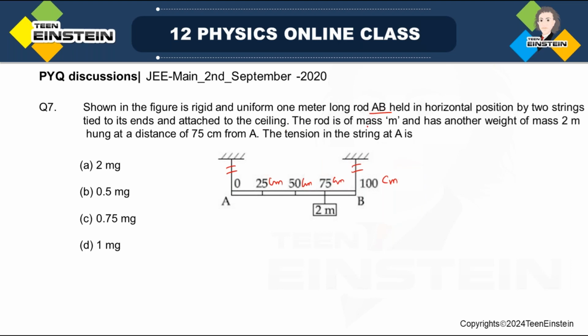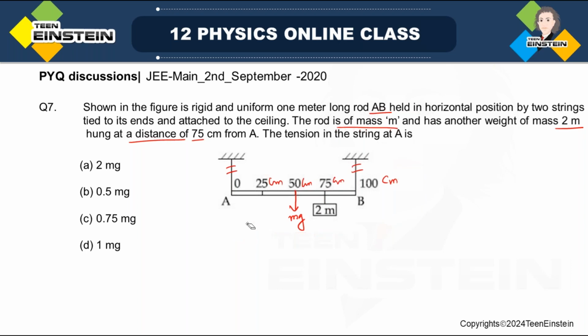The rod has mass, small m. That means its weight will be acting through the center, which I can write as mg. It has another weight of mass 2m, which is hung at a distance of 75 centimeter from A. This is A, and from A it is 75 centimeter, as you see here.